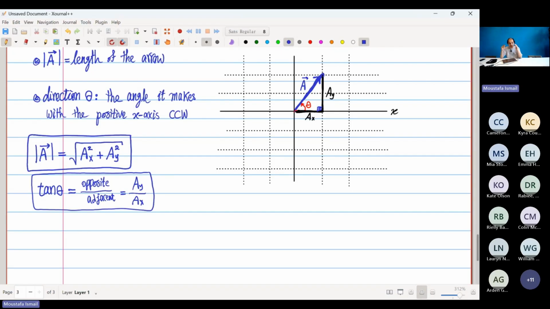So if we have any vector in component form, we can convert it to magnitude and direction form by simply doing these two rules. Okay, good.